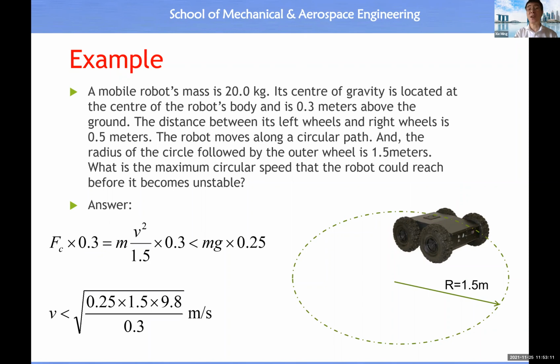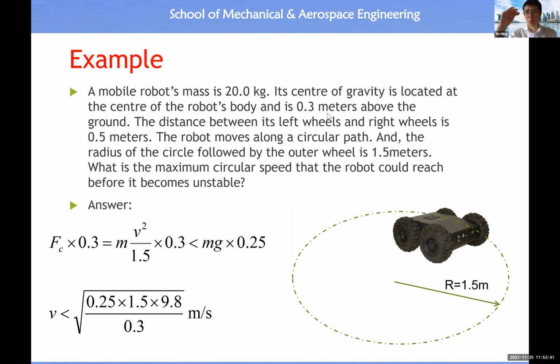However, it's always good for you to know the boundary condition at which the vehicle will start to lose stability. So this is the purpose of this example. This vehicle moves along a circular path, the radius is equal to 1.5. Then the weight of this robot is given to you, and the center of the body is also given to you.